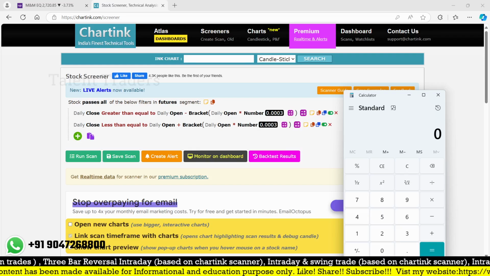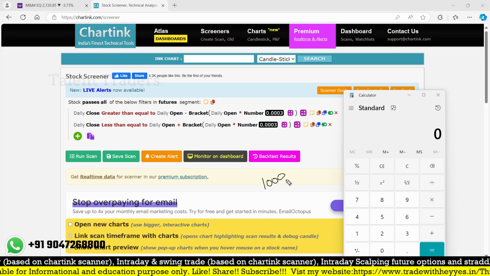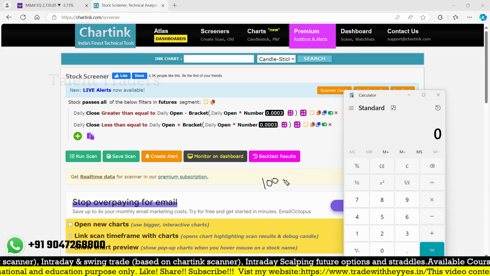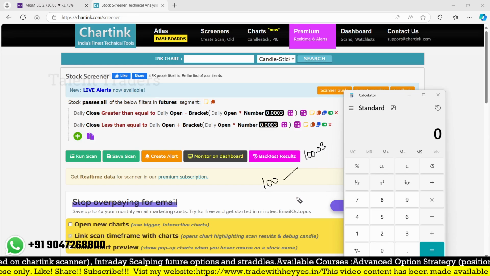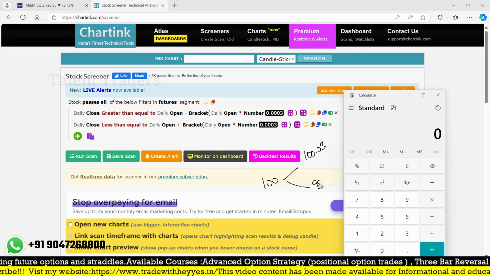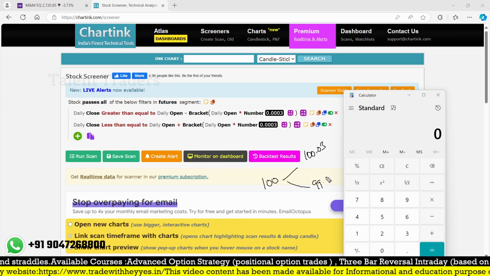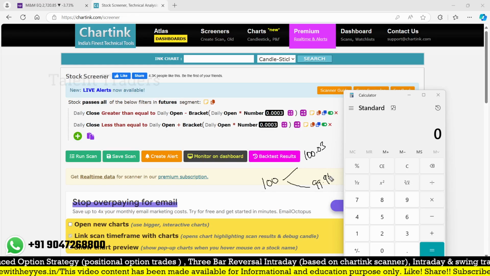So if the stock opened at 100, it closes at 100.03, or it may be 99.70 or 99.96.